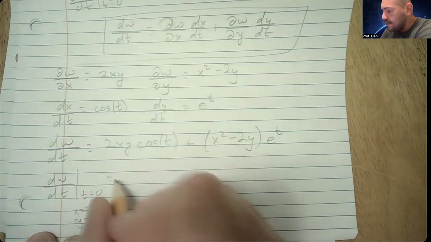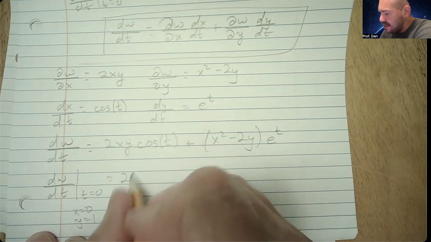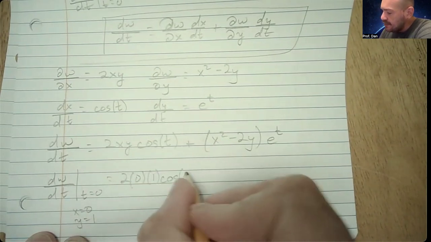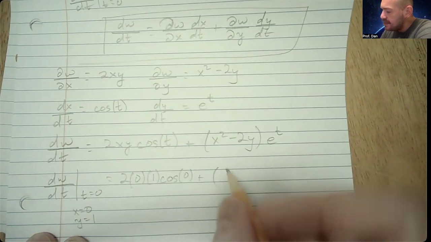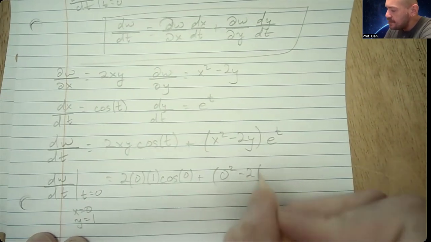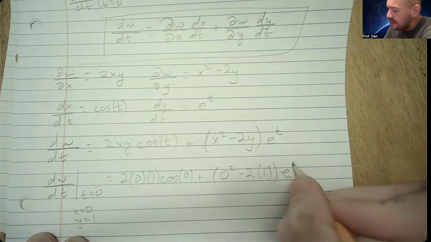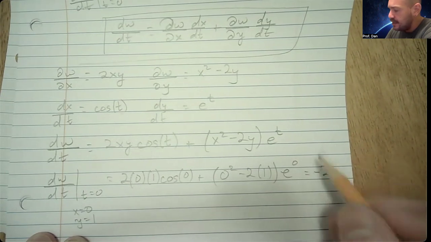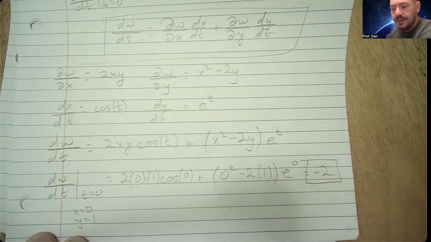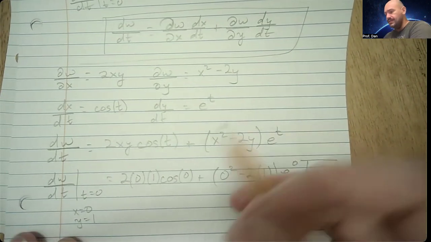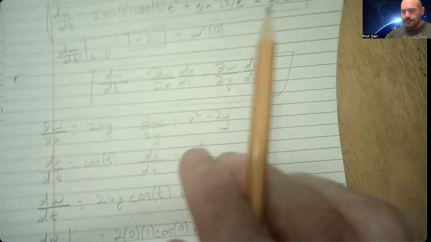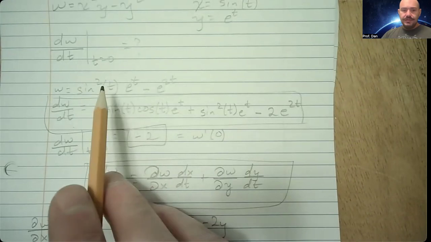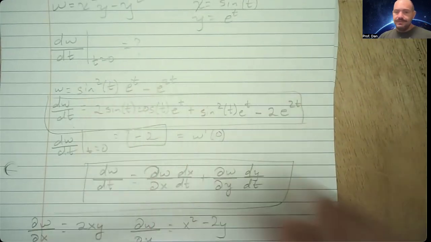So if I plug all of those values in, I get 2 times 0 times 1 times cosine of 0 plus 0 squared minus 2 times 1 times e to the 0, right? Which is going to end up giving us the same thing, -2. So you see, we could use partial derivatives to essentially carry out the chain rule, which this derivative involved heavily.